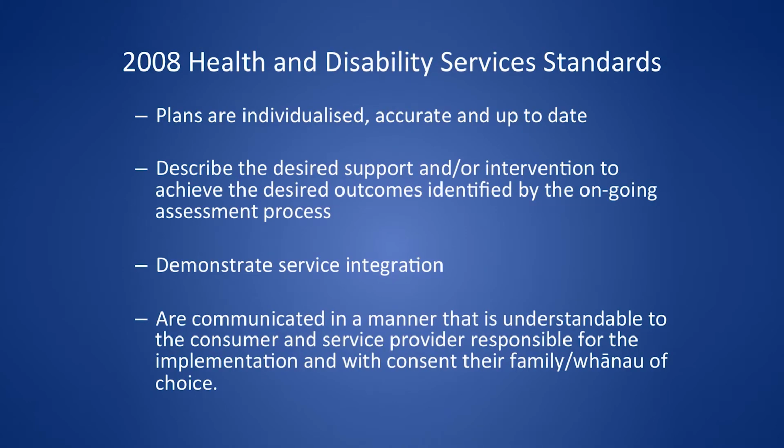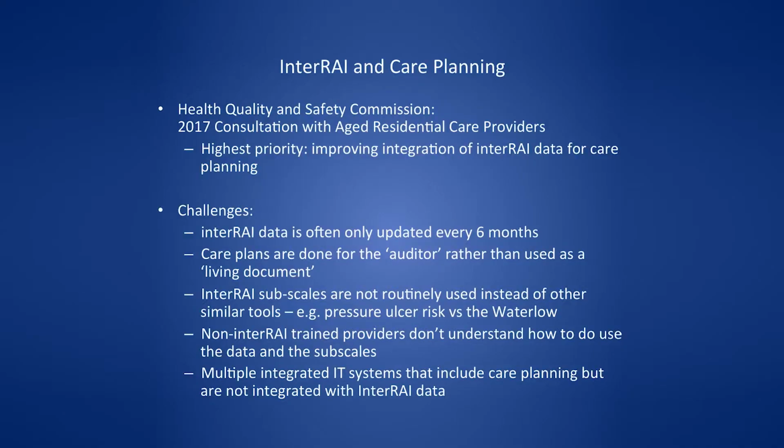And is it communicated in a manner that is understandable to the consumer? Now this is also a tension, is that we are often writing these for the auditor, and yet it's for a family. Do you see how complicated that is? And a family, I will tell you, is not going to read 20 pages. So, another tension in care planning that I think we could probably think about and move forward with.